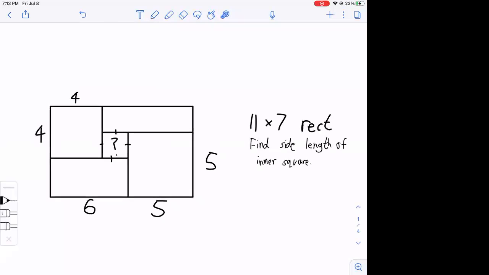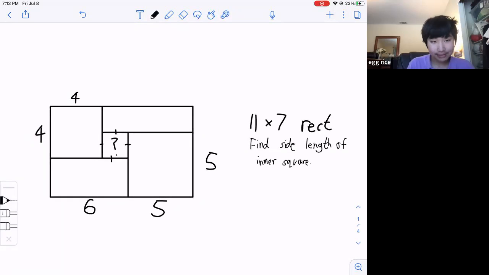Okay, so now that we have this length of 6, can anyone see how we can figure out the center one, similar to how we did it before?